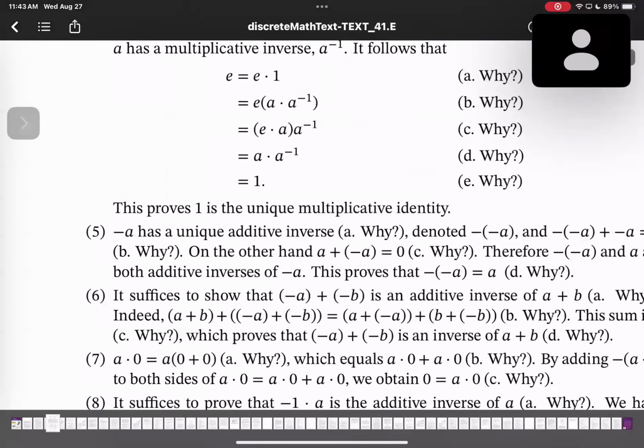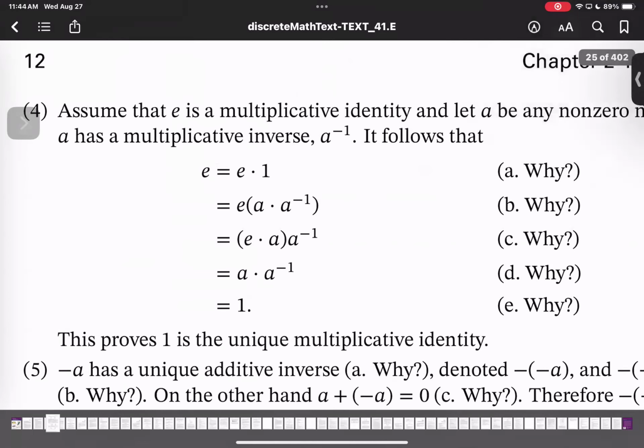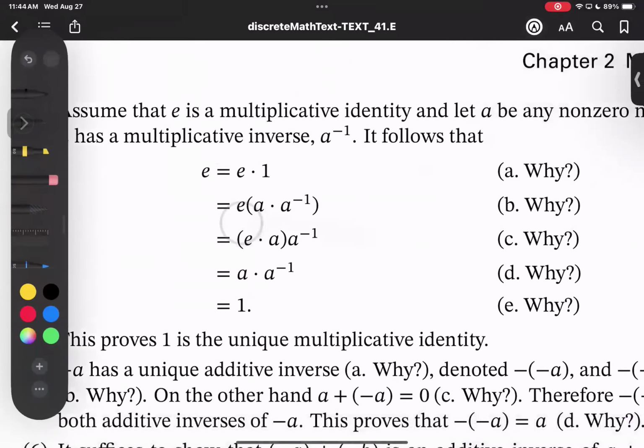So that's where we get to a step like E times A goes to A, where this step goes to that. And so that's where our assumption is coming into play, where we've assumed that E behaves like 1.